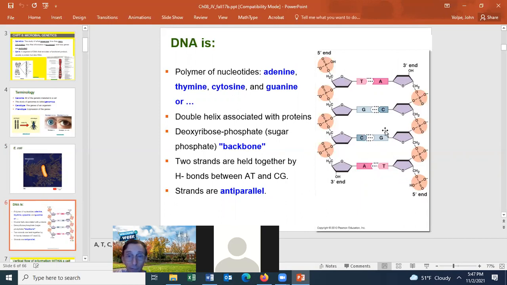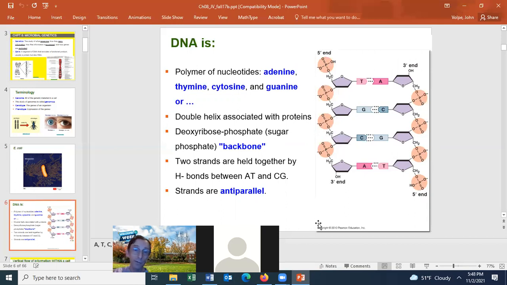And it's only the hydrogen bonds holding the 2 strands of DNA together. There are no covalent bonds holding 2 strands of DNA together. On the other hand, a linear strand of DNA is held together by covalent bonds in the sugar phosphate sugar. Any questions about any of that?